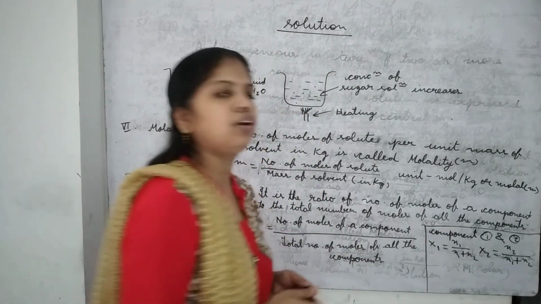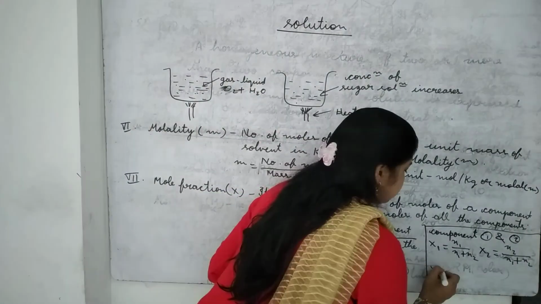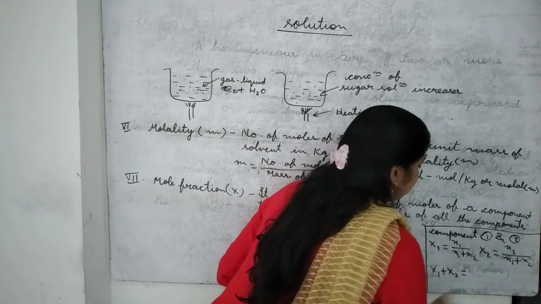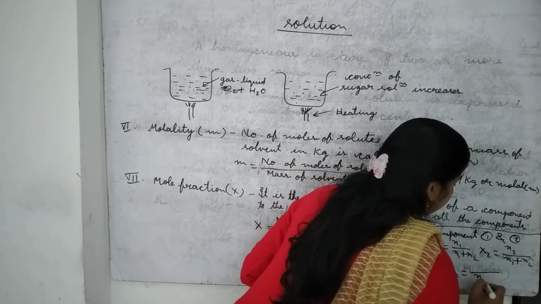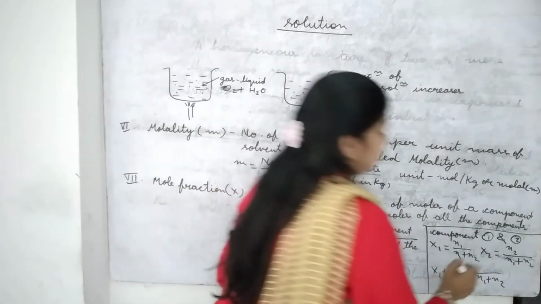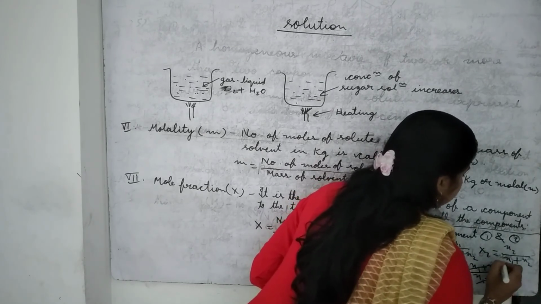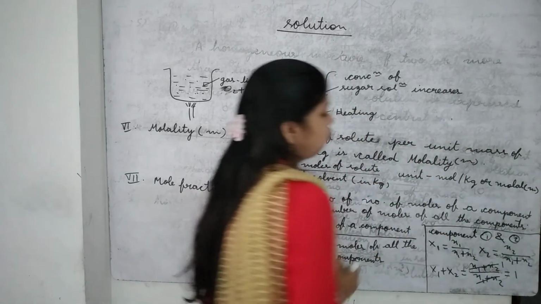The denominator will always be same. So if we add their mole fractions, their LCM will be N1 plus N2, and by cancelling it we are getting 1.